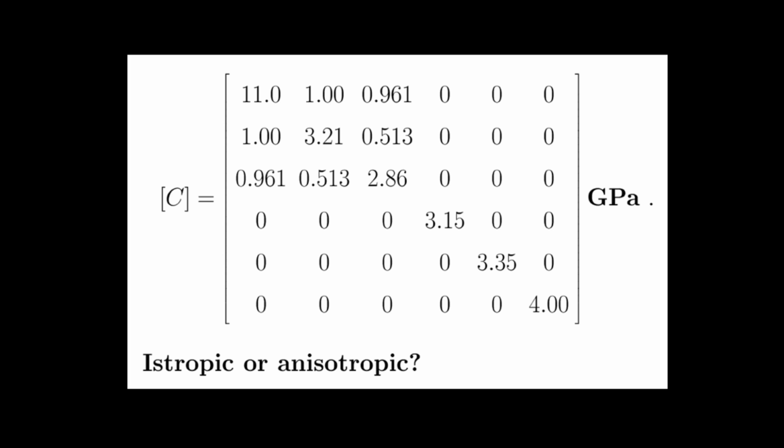Here's an additional quiz. Is this stiffness tensor isotropic or anisotropic? The answer is that this stiffness tensor is anisotropic because C11 is different than C22 and so on, although the matrices have the same zero stiffnesses as the isotropic case.